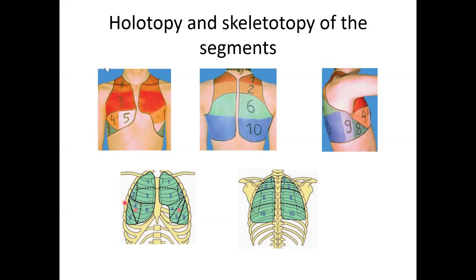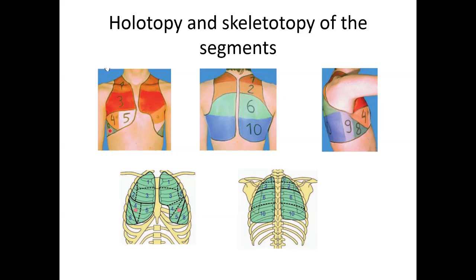Most important to keep in memory is the information that the border between the superior lobe and the medius lobe in the right lung is the fourth rib. So the fourth and fifth segments are located below the fourth rib.